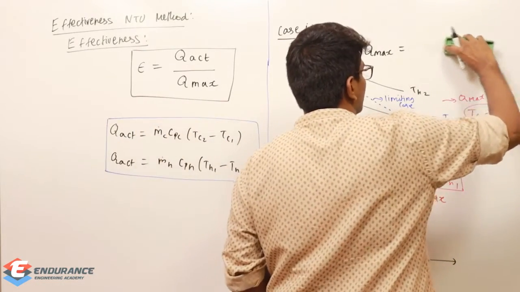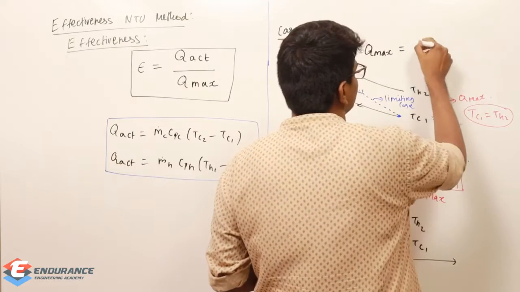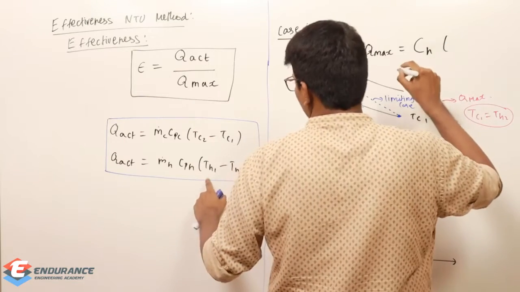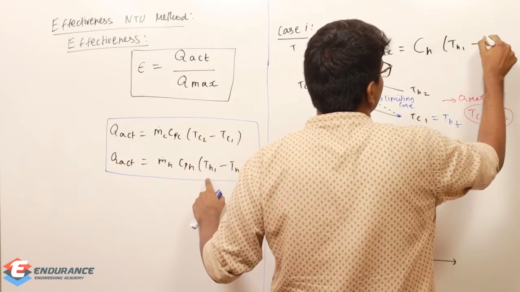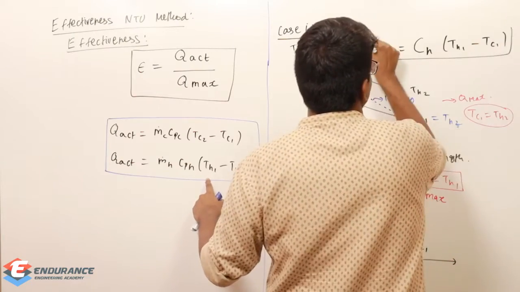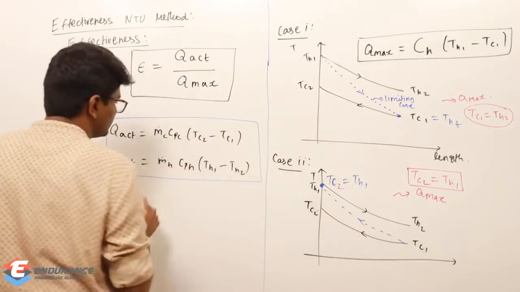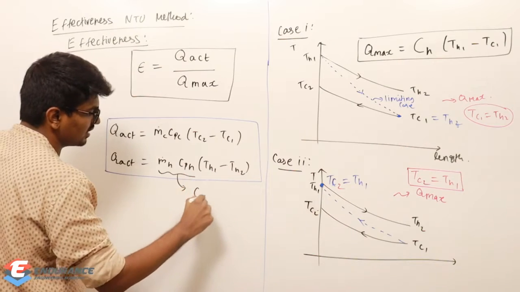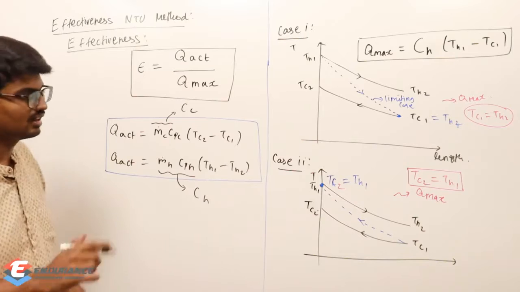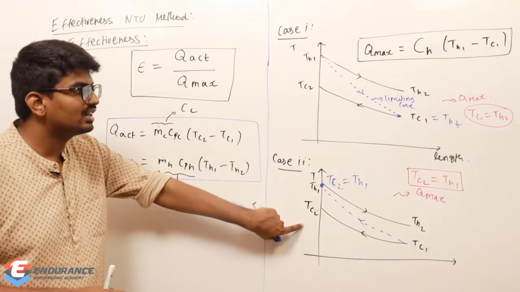Instead of writing it as m dot Cp, I will just use capital C, CH into TH1 minus TC1. So this is actually capital CH, and this is actually capital CC. Am I right?